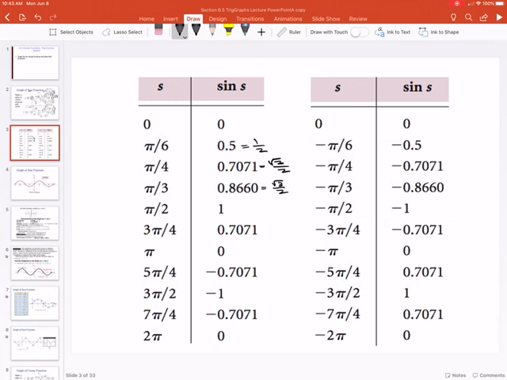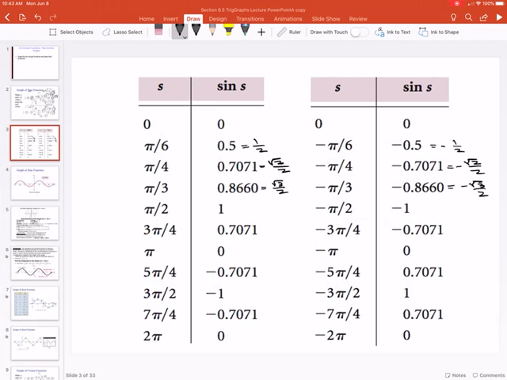We know the sine of pi over 2 is equal to 1. These are ordered pairs that we can plot on our graph. Here's negative 1/2. Here's negative square root of 2 over 2 with the sine of negative pi over 4. Here's the sine of negative pi over 3, which is negative square root of 3 over 2. You could keep going and plotting these points.